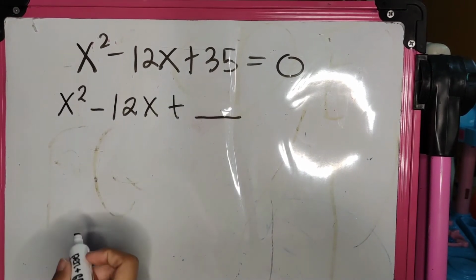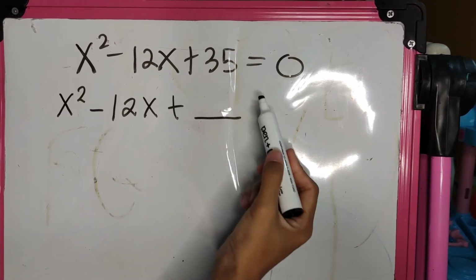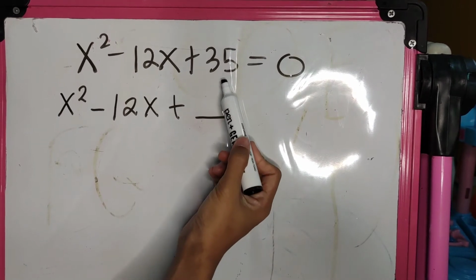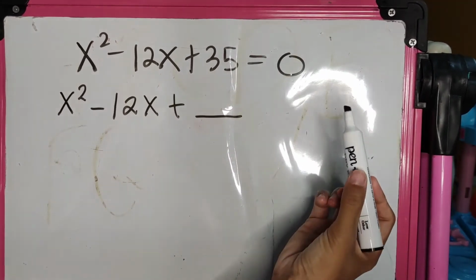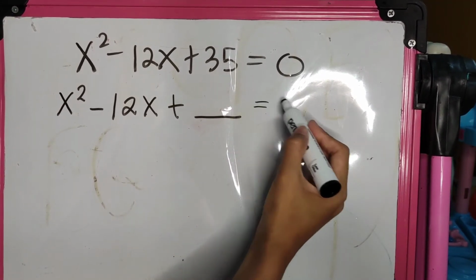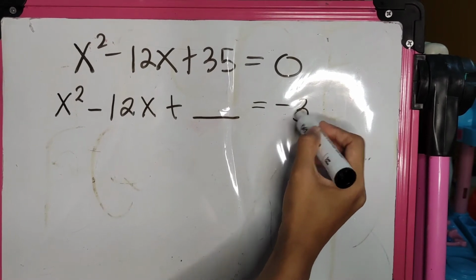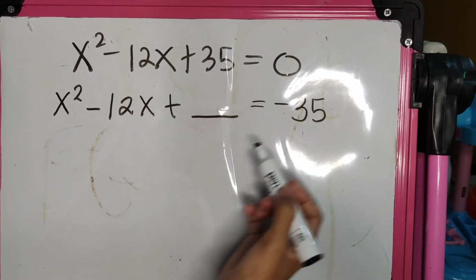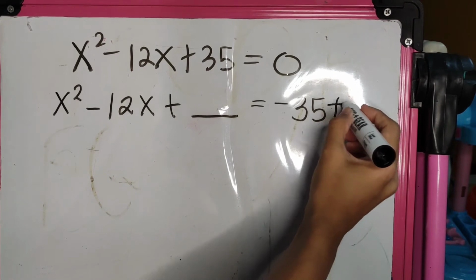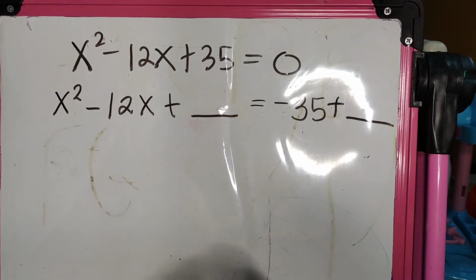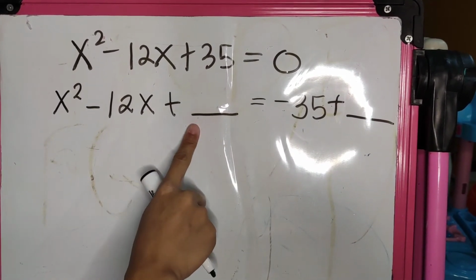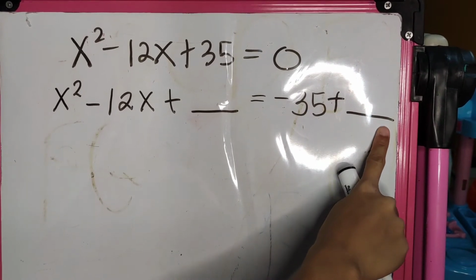We'll always leave a blank. And then, again, as I have said, we will transfer positive 35 to the right side of the equation, giving us negative 35. And then, we will also put plus blank because whatever we will add on the left side, we will also add on the right side.